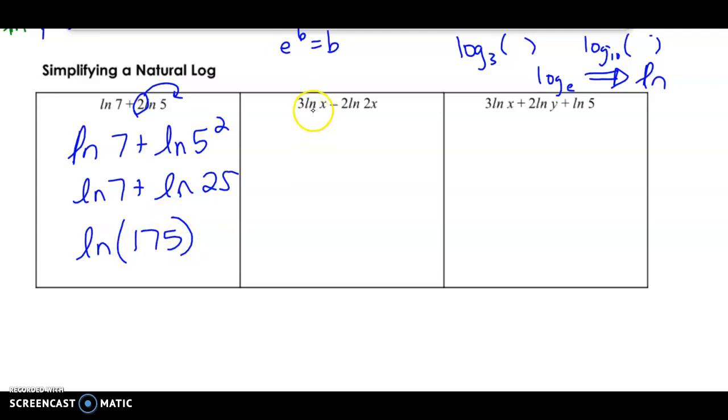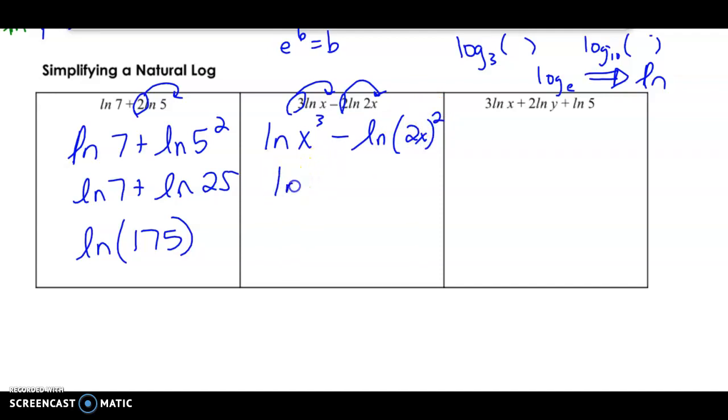All right, the next one, we have a 3 out front, so I'm going to make that an exponent, and a 2 is going to be our exponent. Be careful with this too, because we've got to do all of it to the 2nd power. So it's going to say natural log of x to the 3rd minus natural log of 2x all to the 2nd. So not just x to the 2nd, but 2 to the 2nd as well.